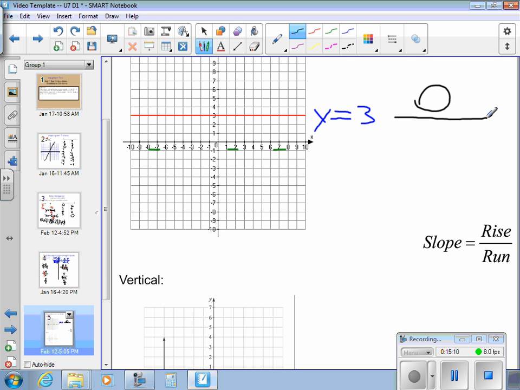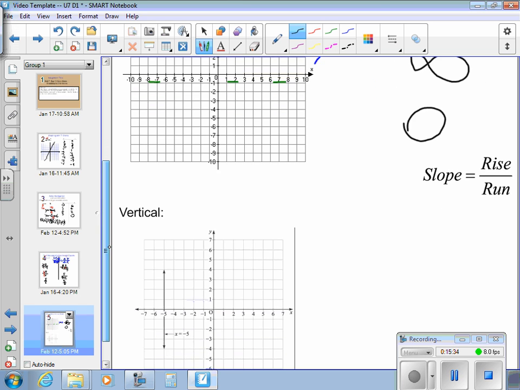And it doesn't matter how far I go, I can go to infinity, and my rise is still 0. So I've got a slope of 0 over infinity. Well, this still works because 0 divided by anything is still 0. So I have a slope of 0. Not a problem there.